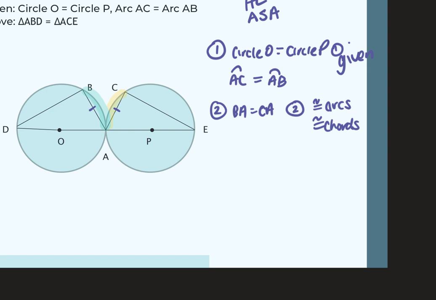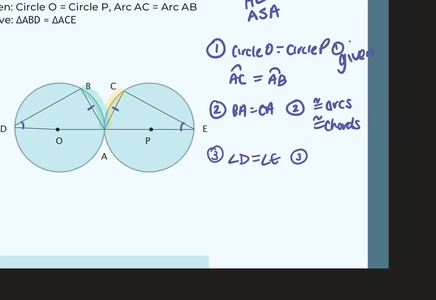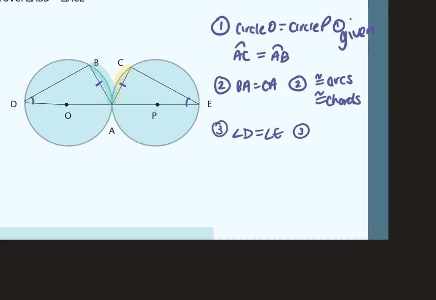Now we could say that angle D is equal to angle E, because we have the arcs. I mean the chords, sorry. Or no, the arcs. Angle D is equal to angle E. Yes. And why? You're not wrong, but I want to hear you actually try to articulate that.